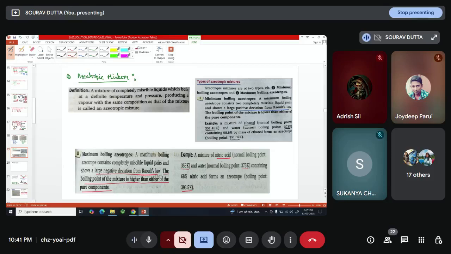So it is higher than both the nitric acid and water in pure form. The boiling point of the mixture will be greater than that of the pure components in case of maximum boiling azeotrope. Okay, so know this much information about azeotropic mixture, if a tough question comes, it can come from here.